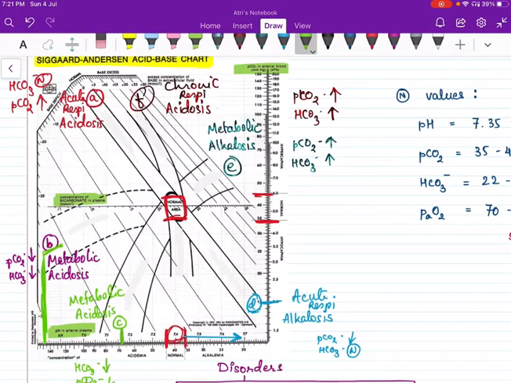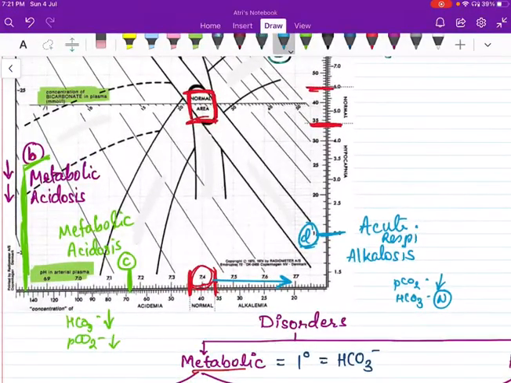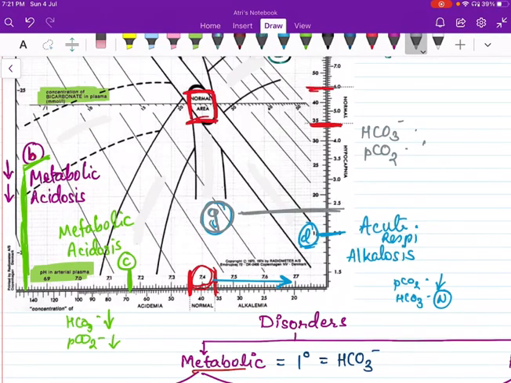Now our last point is this point G. Let me take a different color, point G. What about this point G? pH is very near to our 7.4. So let's not comment whether this is acidosis or alkalosis, but let's comment on PCO2 and bicarbonate levels. So PCO2 is reduced and bicarbonate is also reduced, right?